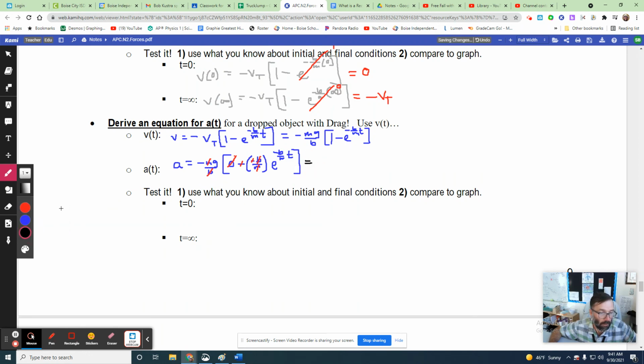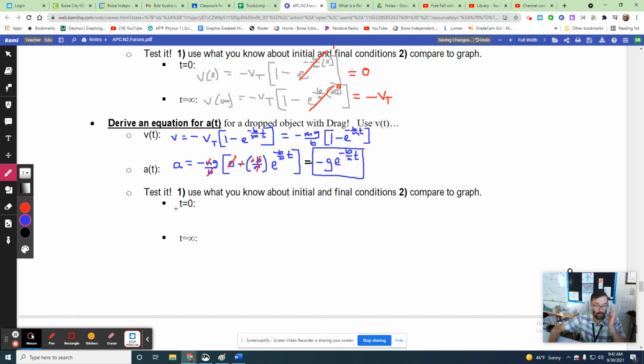We are left with something that looks like negative, we have one surviving negative sign, and a g left there, times e to the negative b over m, t. Oh yeah, g has the units of meters per second squared, and that's what kind of function we're doing, right? And yeah, we're right there. So that's our equation for this.